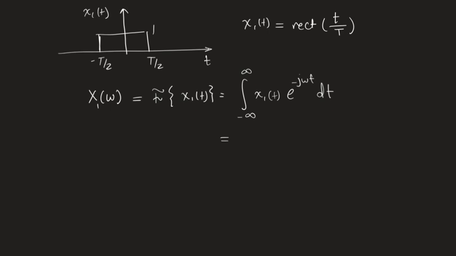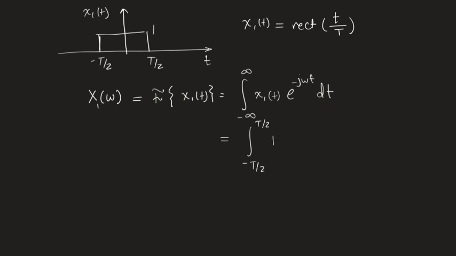x1 of t, when you look at it, is equal to 1 only from minus T over 2 to T over 2, and it's 0 everywhere else. So we only need to integrate from minus T over 2 to T over 2, and the value of the function in that range is going to be just 1, right? So this integral becomes the integration from minus T over 2 to T over 2.